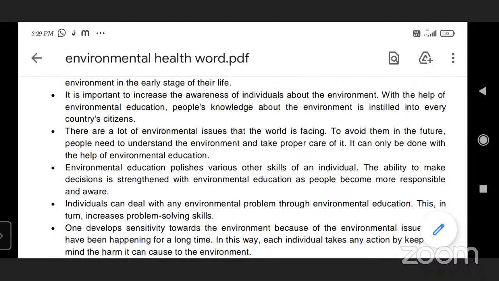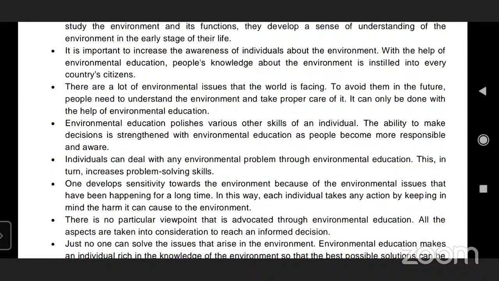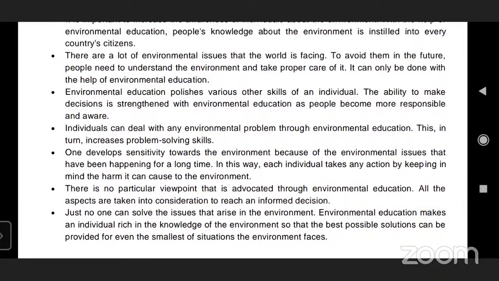One develops sensitivity towards the environment because environmental issues have been happening for a long time. In this way, each individual takes any action by keeping in mind the harm it can cause to the environment.